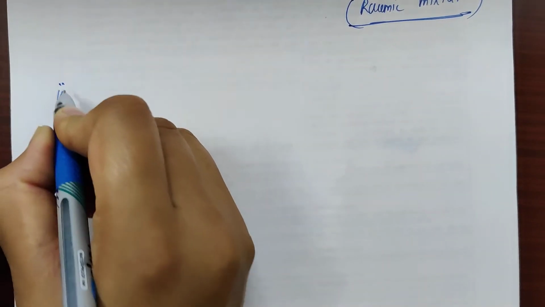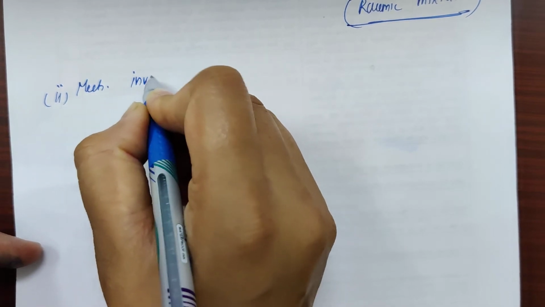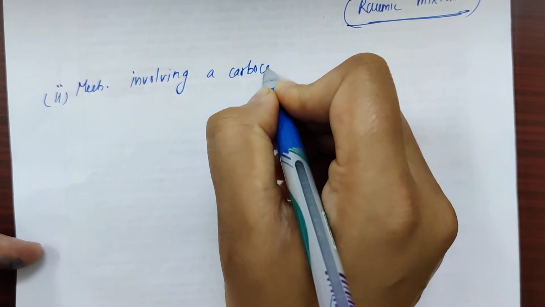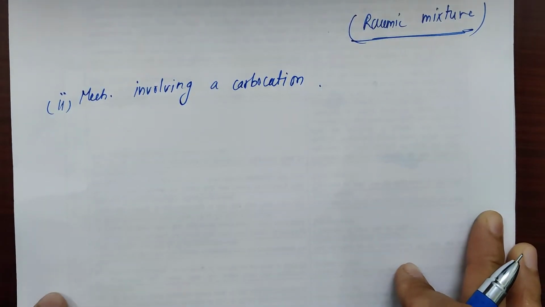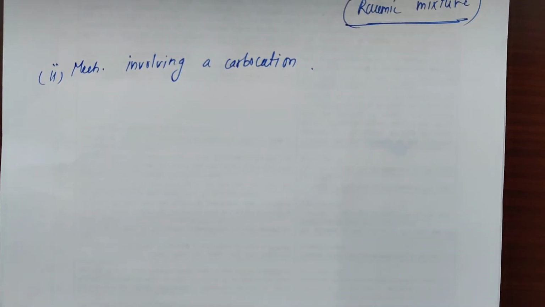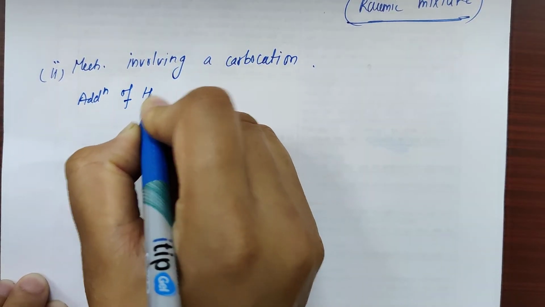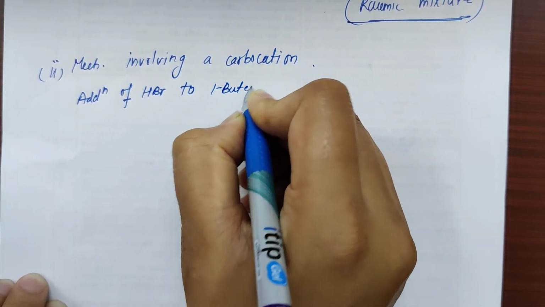Now this is the second mechanism, that is the mechanism involving a carbocation. Okay, so if we are discussing a carbocation, let's take an example of addition of HBr to 1-butene.